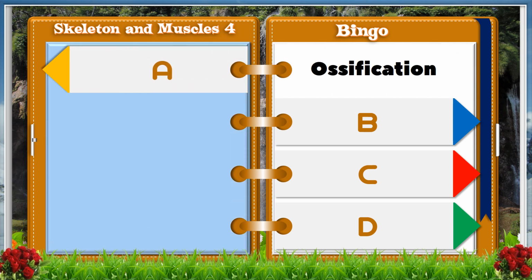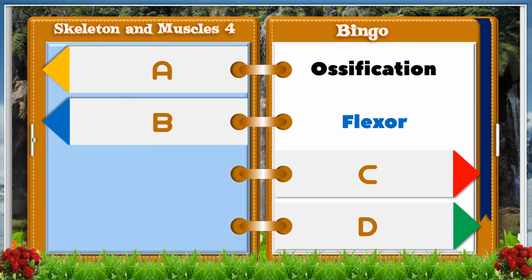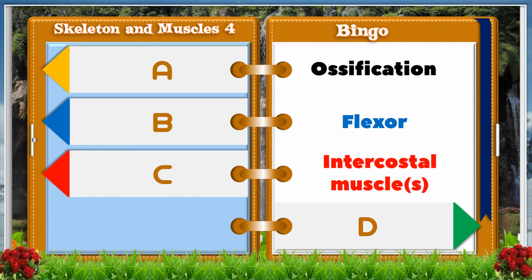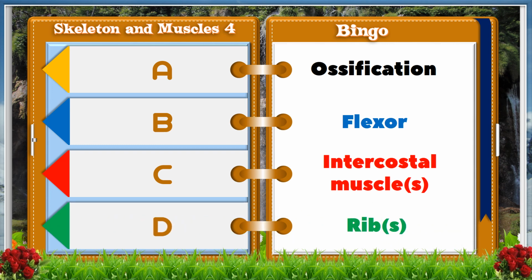A. Ossification. B. Flexor. C. Intercostal muscles. D. Ribs. And the answer is D. Ribs.